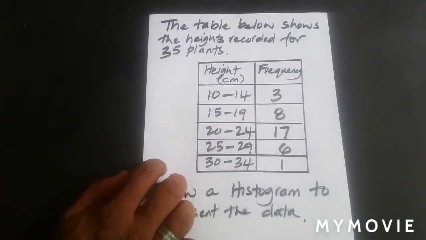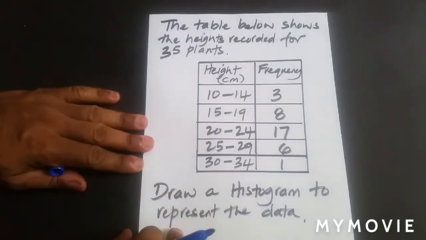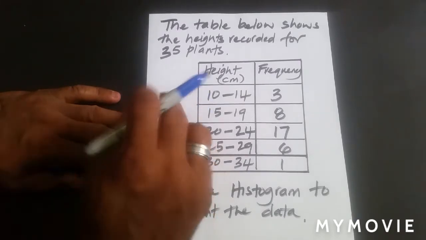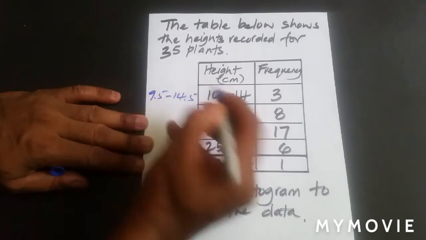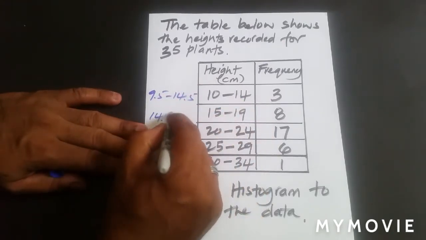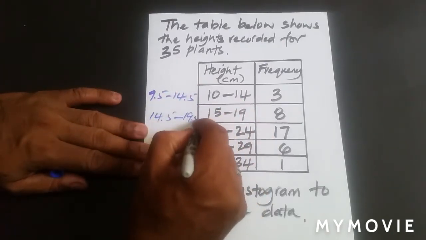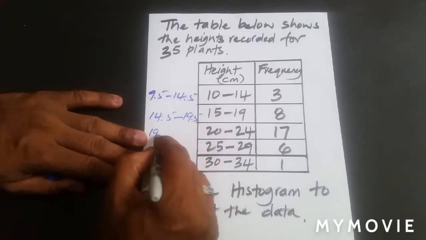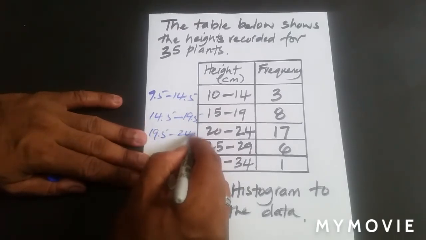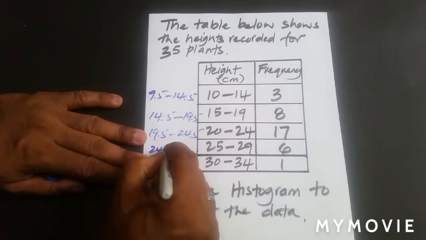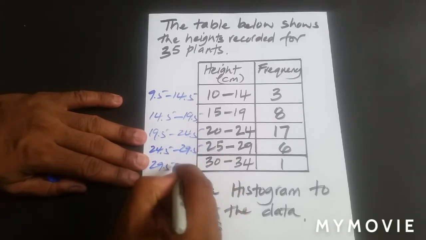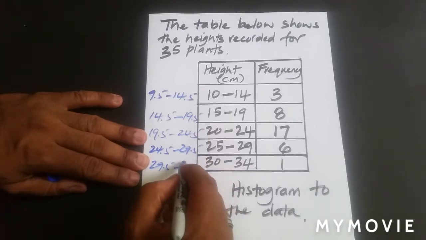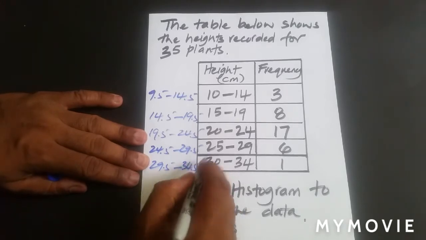Now what we're going to be doing is establishing the class boundaries. So this will be 9.5 to 14.5, 14.5 to 19.5, 19.5 to 24.5, 24.5 to 29.5, and 29.5 to 34.5.